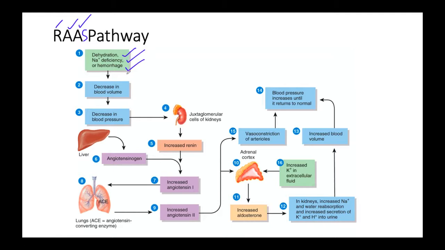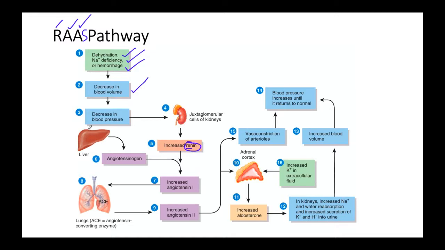So if you're losing blood, you're dehydrated, or there's a sodium deficiency, the amount of blood volume decreases, which means you're going to have a decrease in blood pressure. The kidneys don't like a decrease in blood pressure, so the kidneys are going to release something called renin. Look at the first three letters, renal. So the kidneys are going to produce renin.